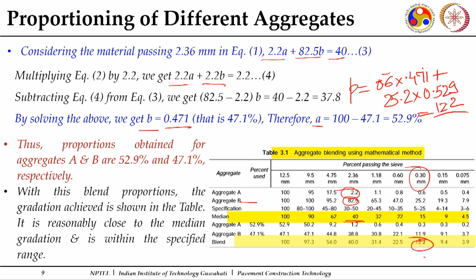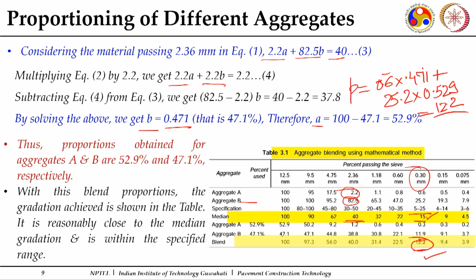Now, whether 12.2 is acceptable, I will see what is the range which is required. The range says 5 to 25. So, 12.2 is within that range and the target was 15. Now, whether it is coarser or finer, it is coarser, because I wanted to target 15% material passing, but mine is only 12% passing. So, my material at this sieve is coarser.